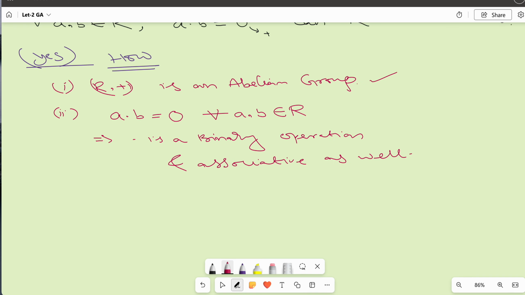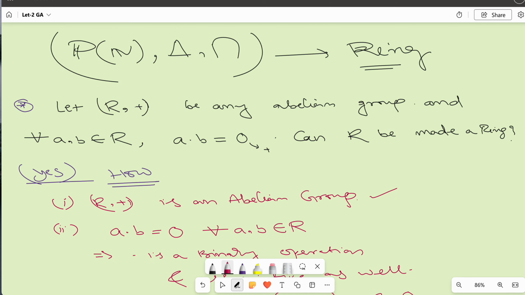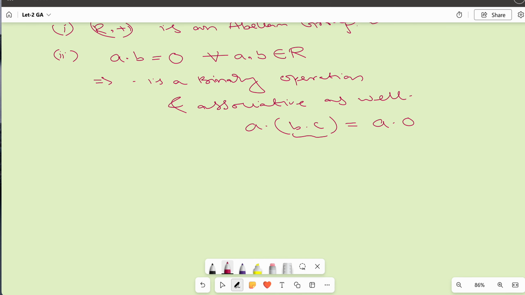Why? Because associativity comes from A dot B dot C, which equals A dot, what is B dot C? B dot C is 0 because for every element, A dot B is 0. So A dot 0 is 0.